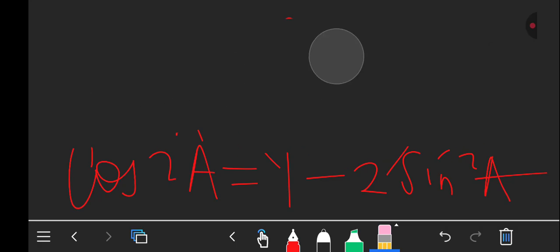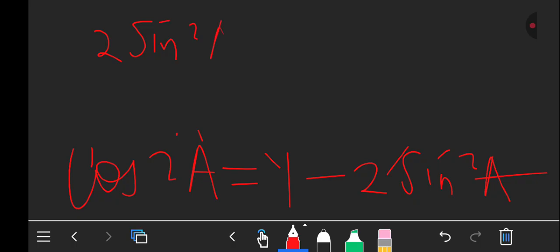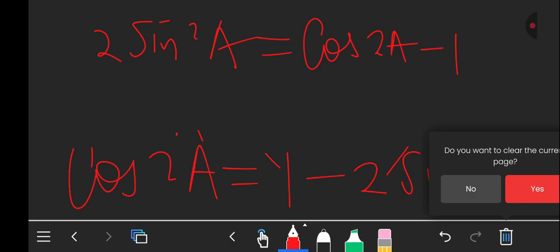What we are going to do is take this sine squared a to the other side. So we're going to say 2 sine squared a will be equal to cos 2a, and this will become negative 1 this side because it was positive.